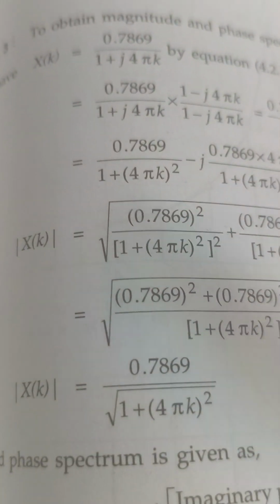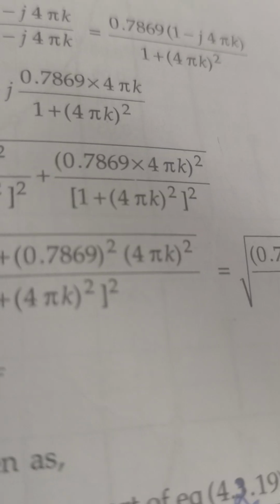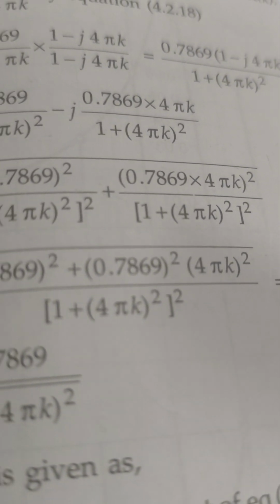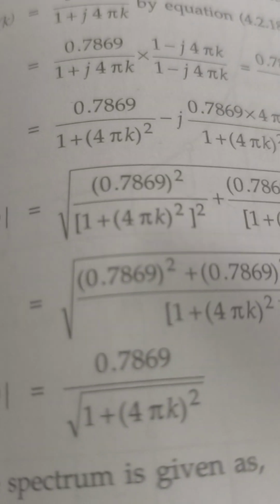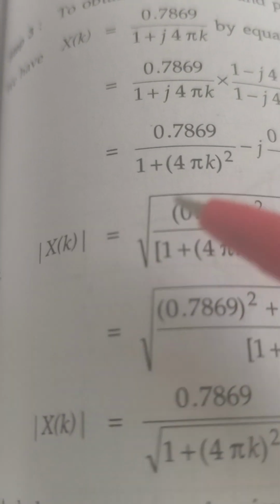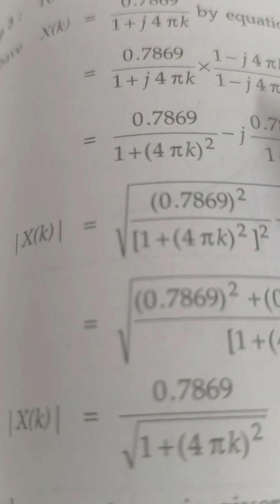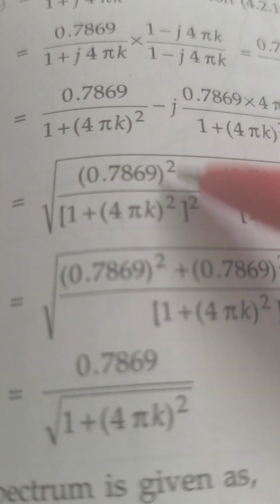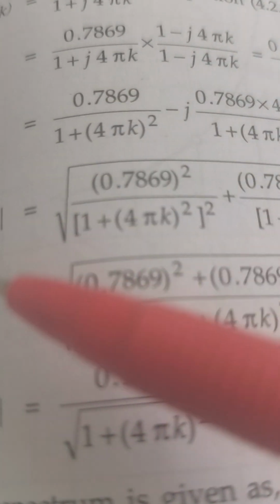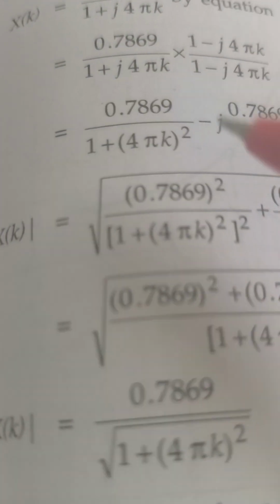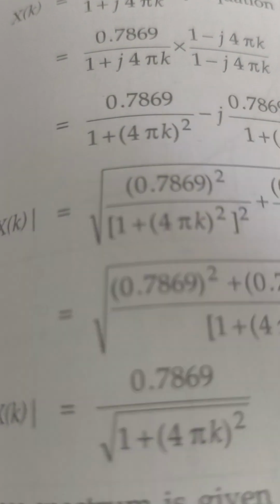To find that, we have to square the whole term, add, and take the square root: squaring and finding the square root, therefore we will get the magnitude of X of k.